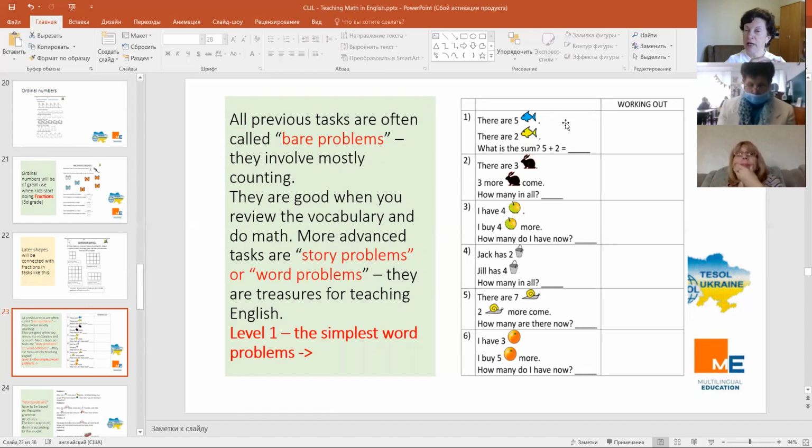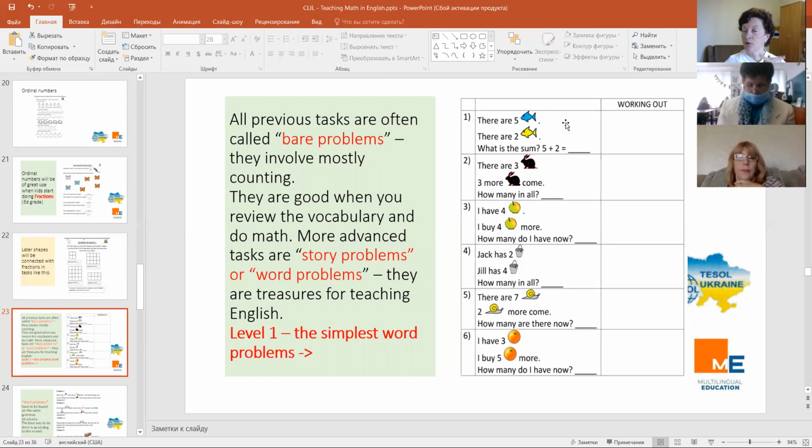Because for preparing to do this problem, we do, first of all, the structure. And the structure here will be there is, there are, what is the sum, more, how many I have.